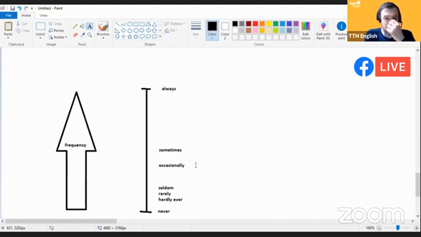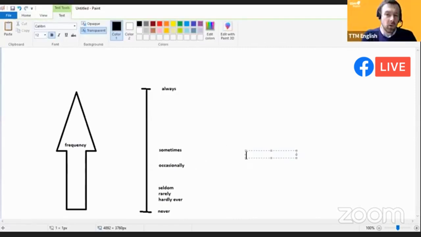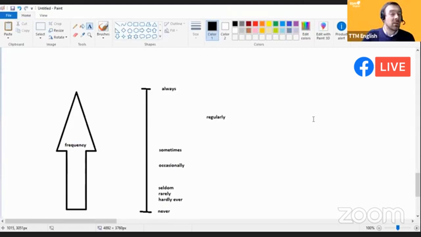So be careful with the word regular, because it's very related to the context. Regular just means with the same amount of time in between each time. So I'm not going to put it in the list, but I am going to put it up here.